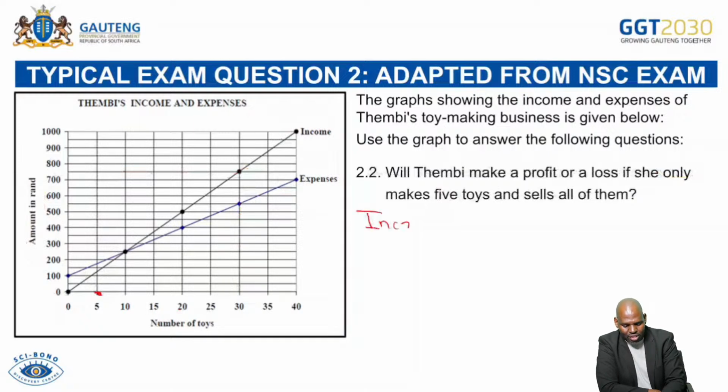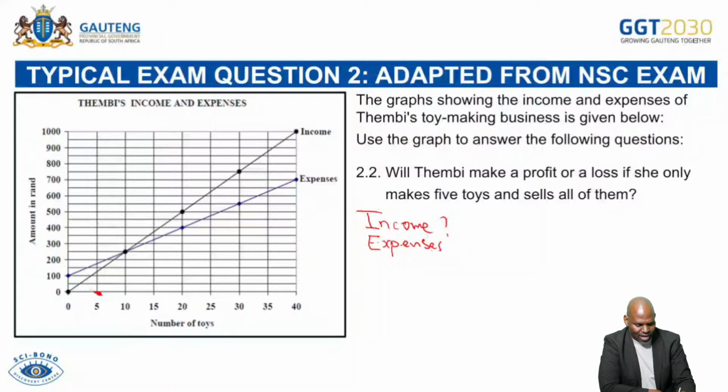How much is the income? And how much is the expenses? If the income is bigger than expenses, it means Tembi would make a profit. But if the income is smaller than expenses, Tembi would make a loss.